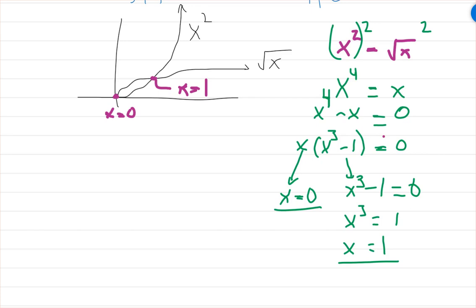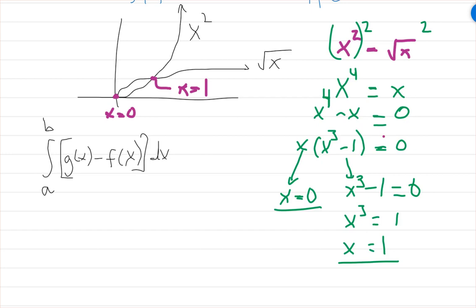How do we find the area between these? Well, we're going to do an integration. So we're going to say the integral from a to b of g of x minus f of x dx, and g has to be the top function, f has to be the bottom.